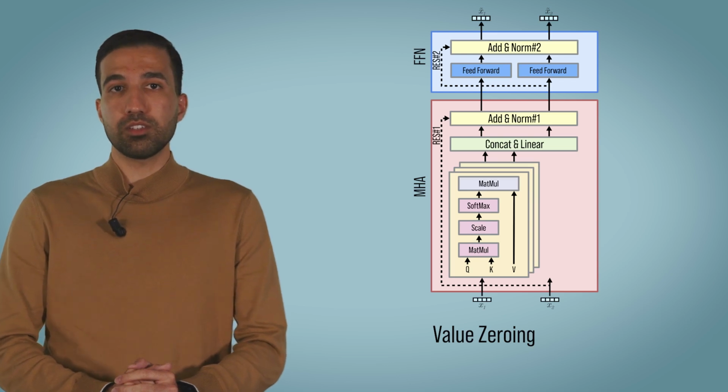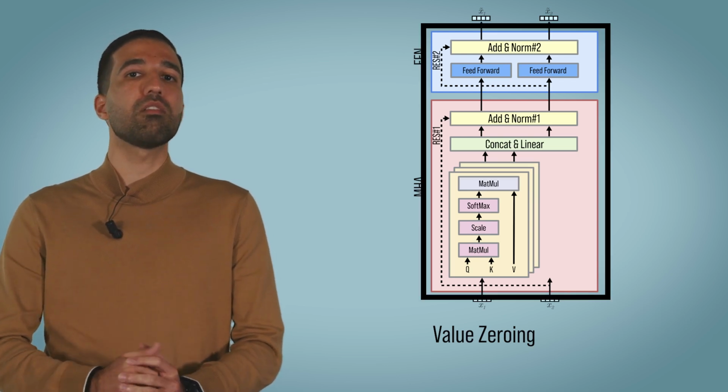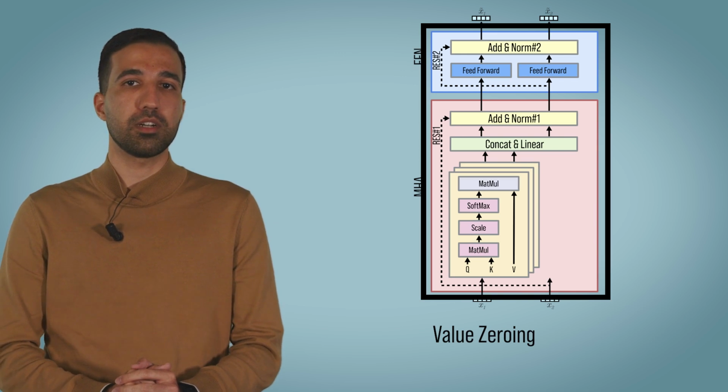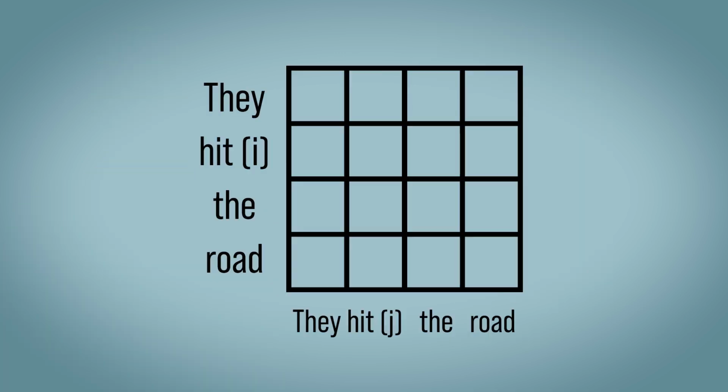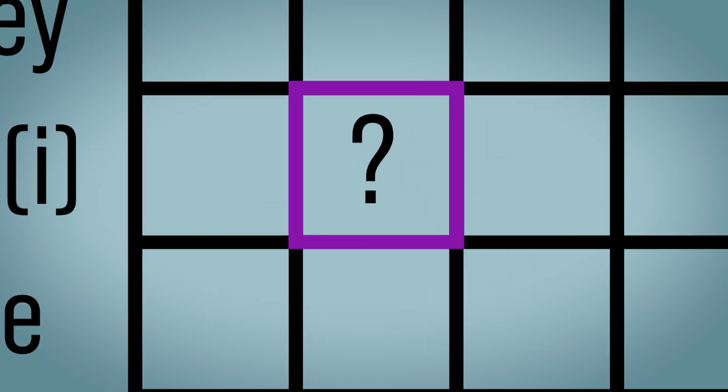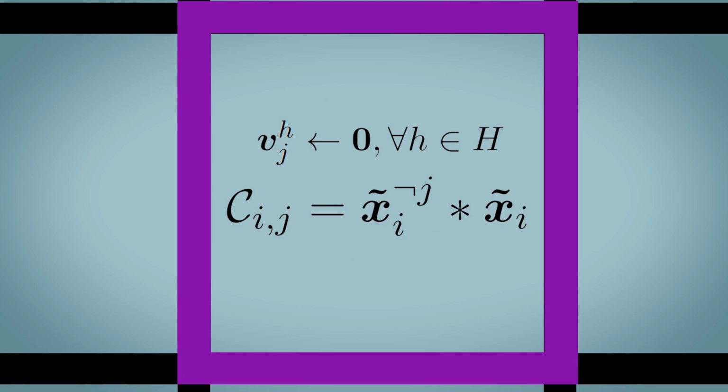Value zeroing is a measure of context mixing that considers all components within a transformer layer. To measure how much the token I depends on the token J in a sentence when forming its representation, value zeroing replaces the value vector associated with token J with a zero vector.